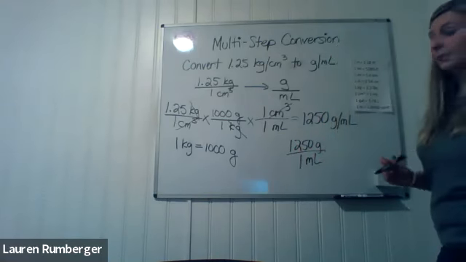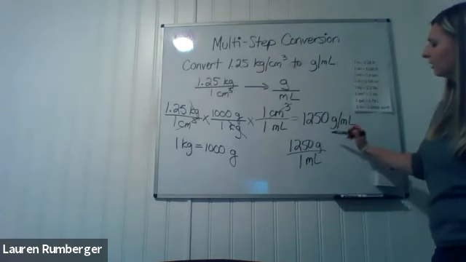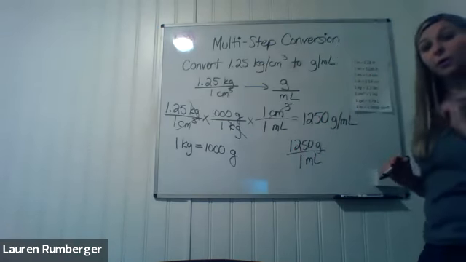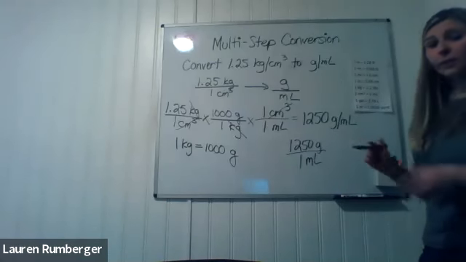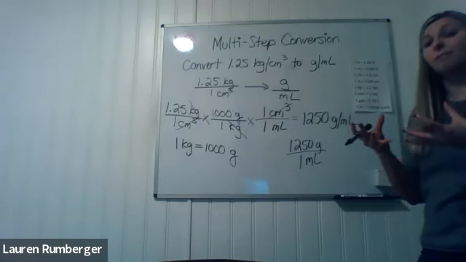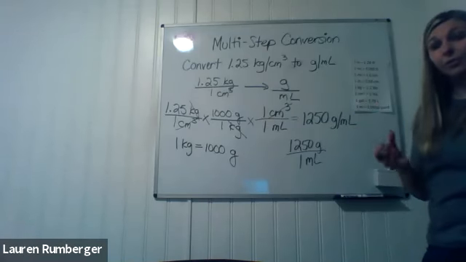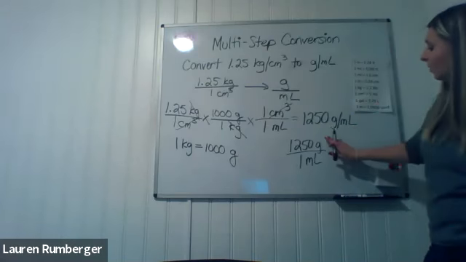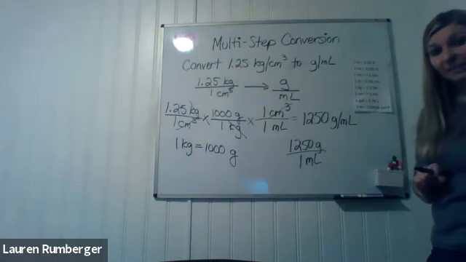So that's telling us that the mass of a substance is 1,250 grams per 1 milliliter of that substance. So a milliliter occupies space, it is a volume, and the grams is the mass. So this is telling us the mass per volume of a substance.